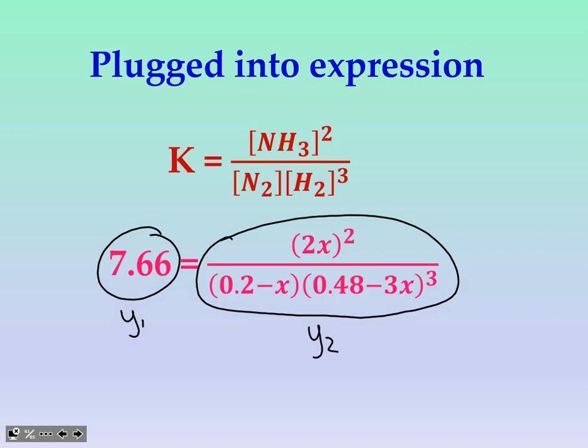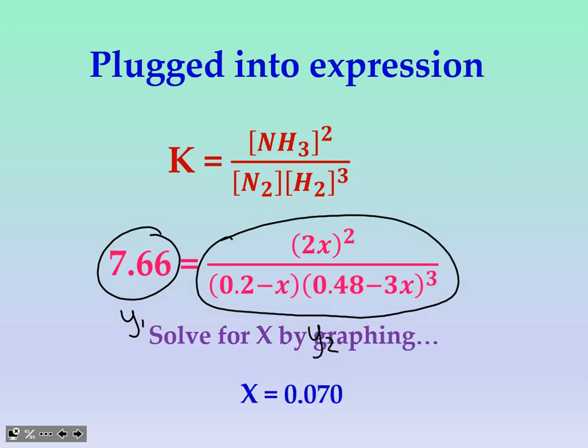Yeah, that's the one I got, solved by graphing: 0.070. The other one was like 0.41 or something. So, you put your cursor on each line and then you do first curve, second curve, and let it guess for you, and you should get 0.07 for your x value.